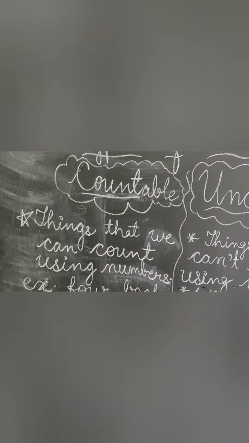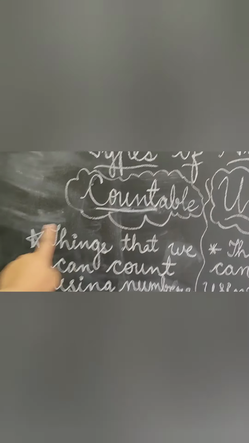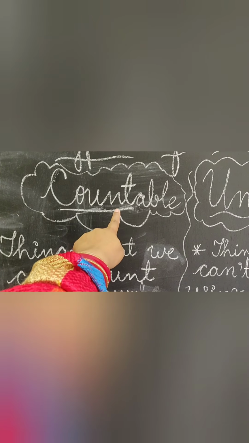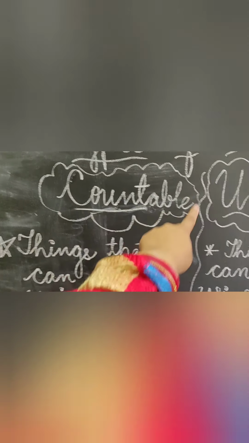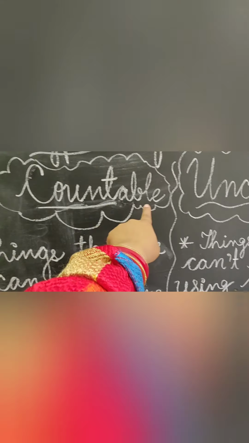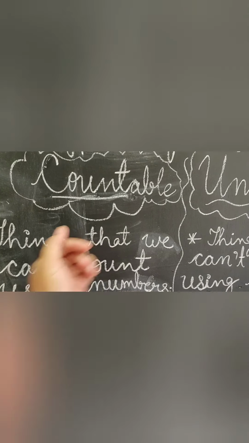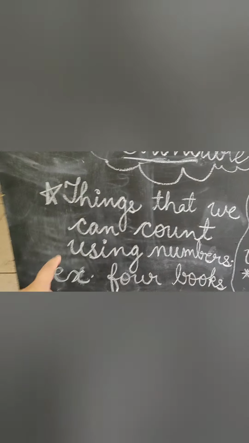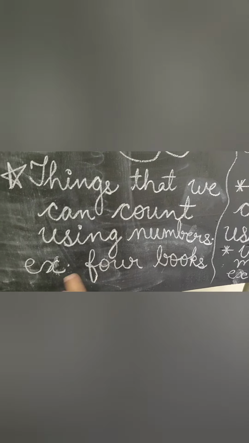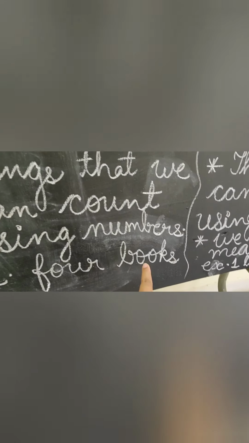Okay, let's do it in a little bit of detail. Yes students, the nouns which we can count, it's given in the name itself. Countable means we are able to count them. So they are countable things or countable nouns. Things that we can count using numbers. Example, 4 books.